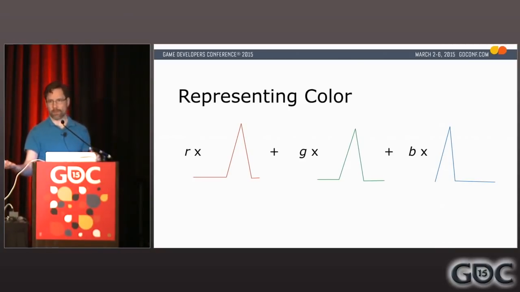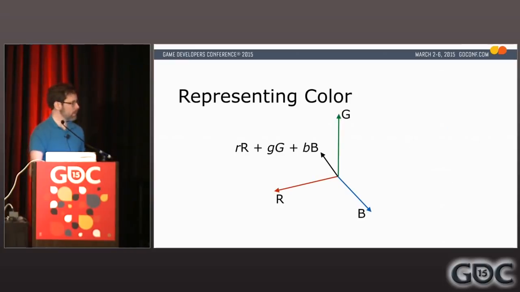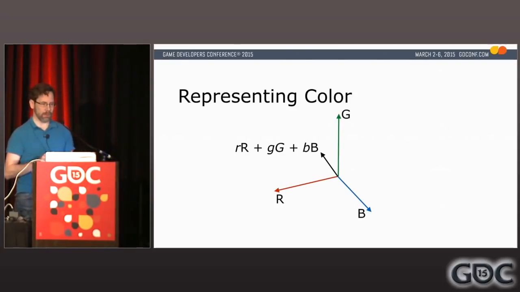So our basis for the vector space are the three curves that we see here. And our components are just the RGB values. So we can just draw it as a vector space like this, and then there's a point in the vector space, it's an affine space, that represents the color.